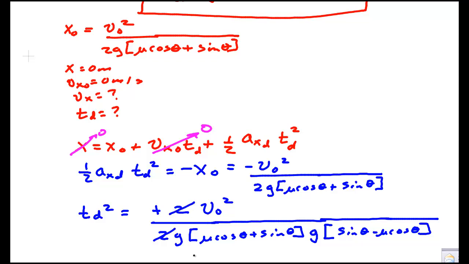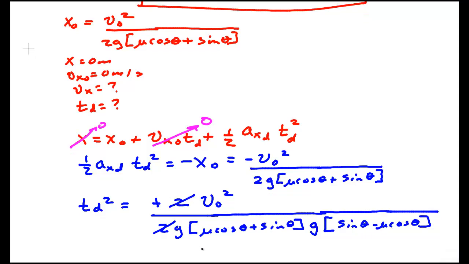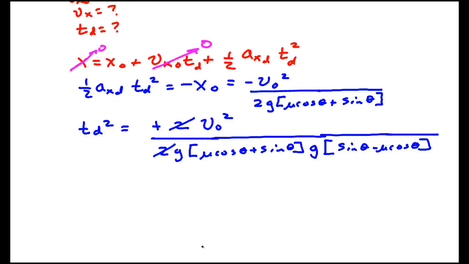These two cancel, and that looks pretty ugly in the bottom, I will grant you, but not as ugly as maybe you think. This is V naught squared.